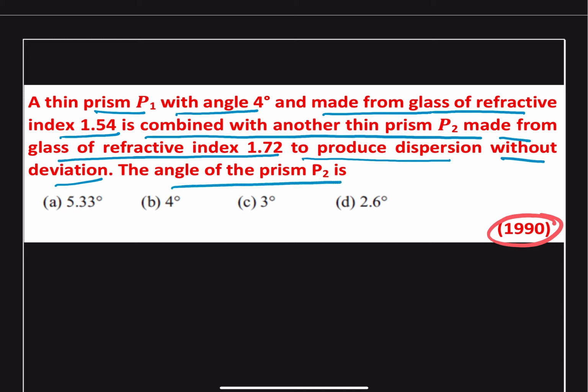In this case, there is a combination of two prisms P1 and P2 which only produces dispersion and there is no deviation.